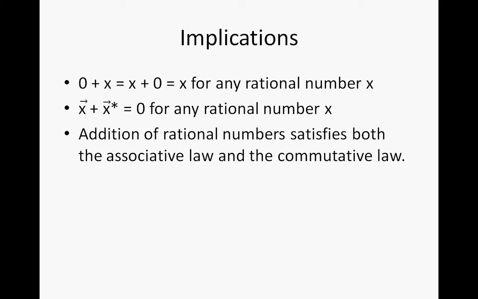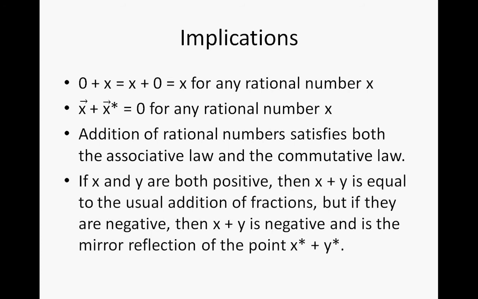We've also talked about the fact that addition of rational numbers both satisfies the associative law and the commutative law. So we know that. And we can also say that if x and y are both positive, then x plus y is equal to the usual addition of fractions, which we've already talked about.